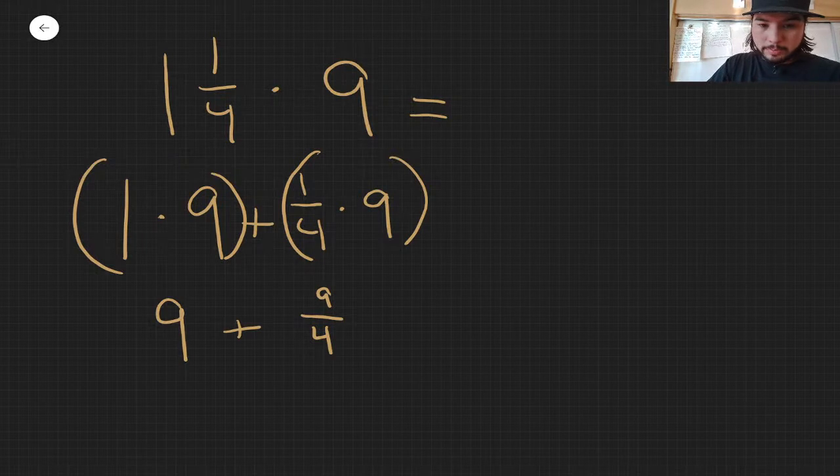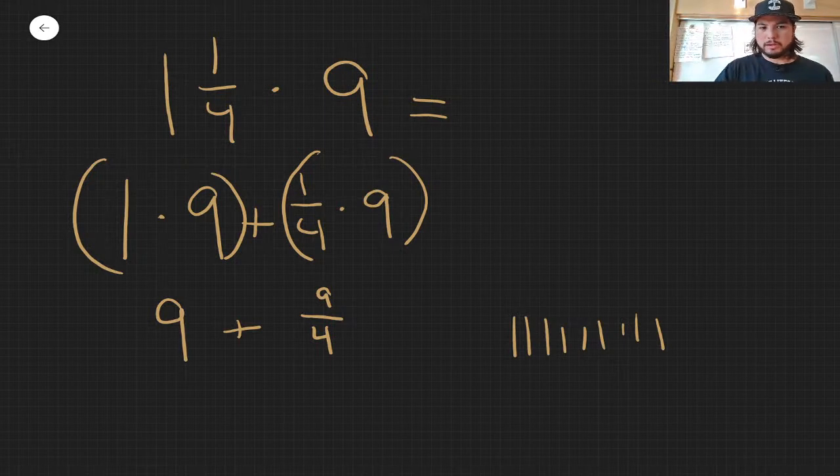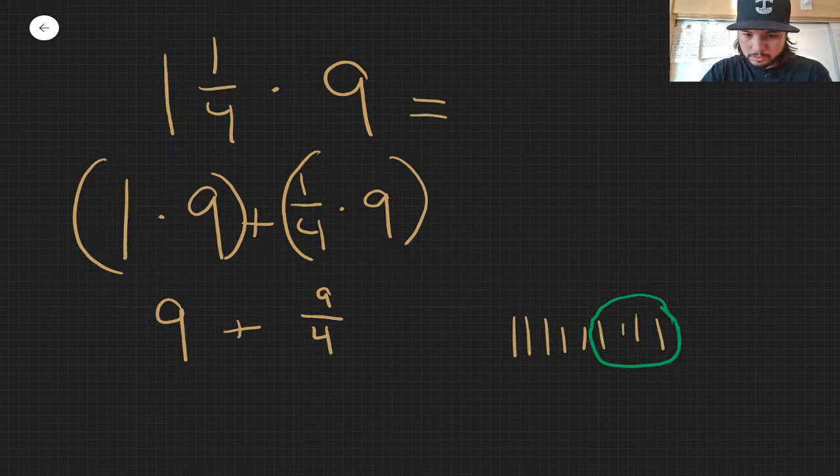So let's take my 9/4 here. How many groups of 4/4 can I make? How many whole ones? So 4 of these equals 1, because each of them equals 1/4. There's a group of 4/4. There's another group of 4/4.